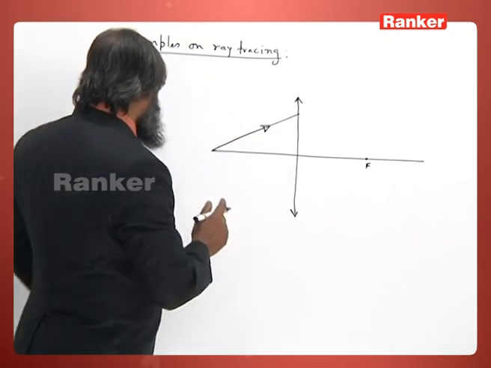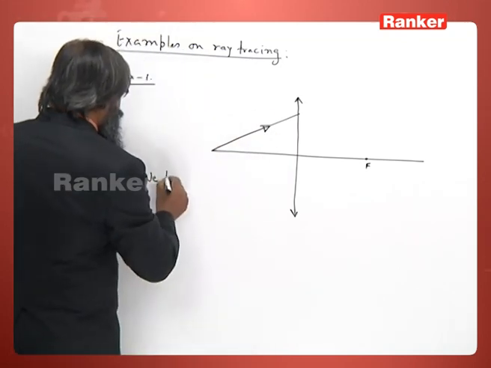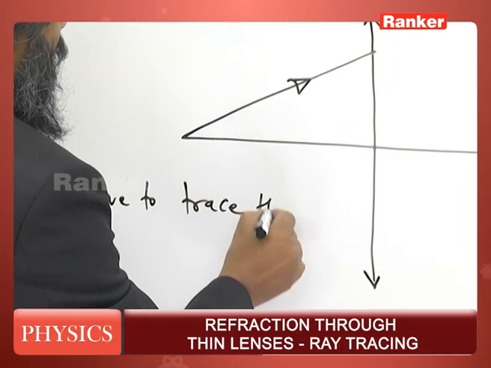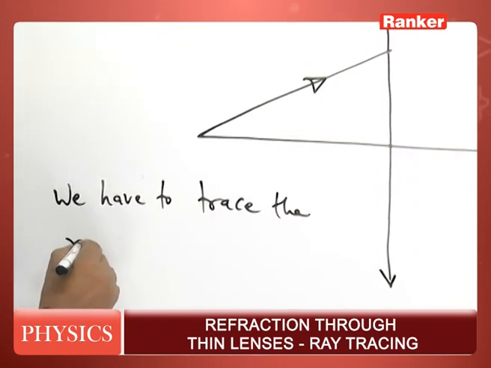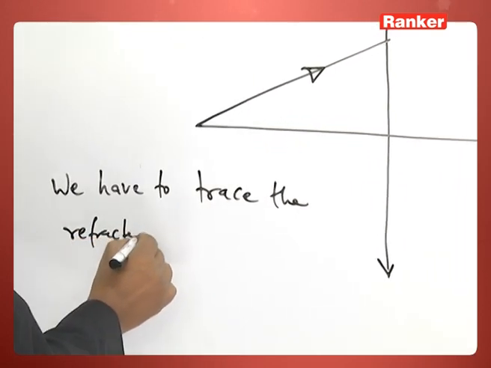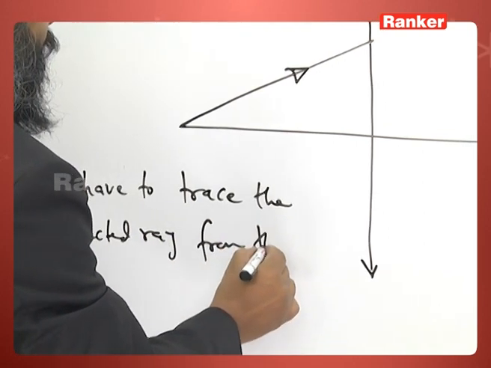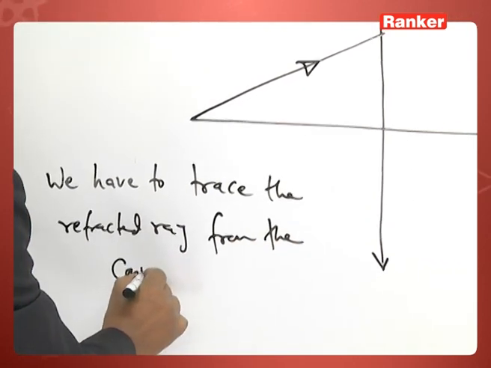So we have to trace the refracted ray from the converging lens.